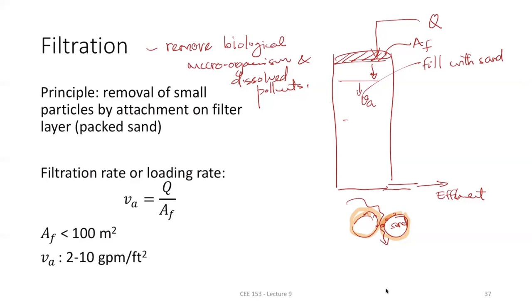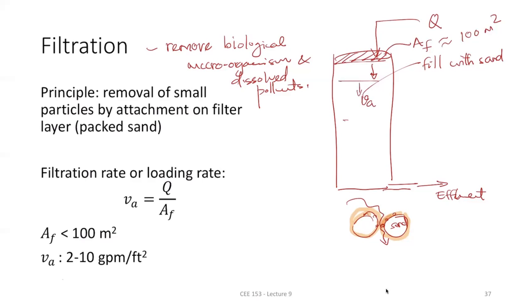Typically, the filter size is 100 square meters, so this is nearly 100 square meters. You need a large surface area so that you can inject a large amount of water. The rate is usually 2 to 10 gallons per minute per square foot of area.